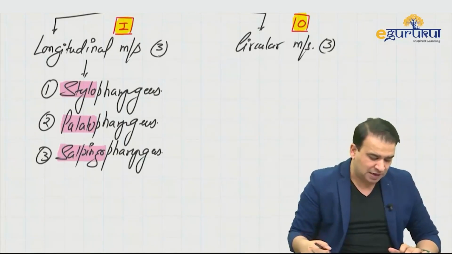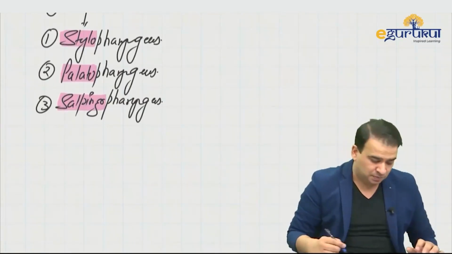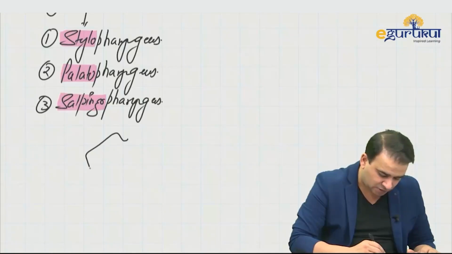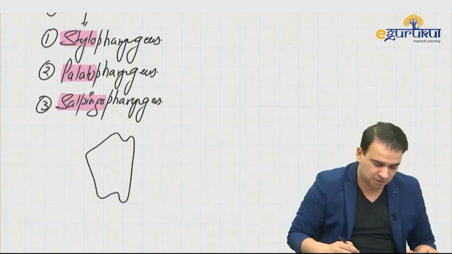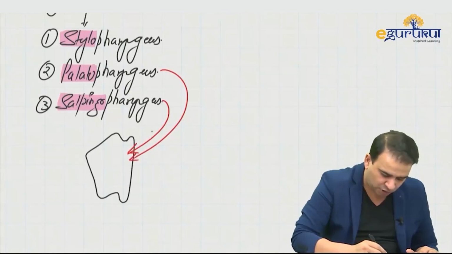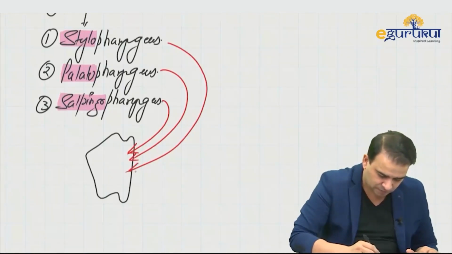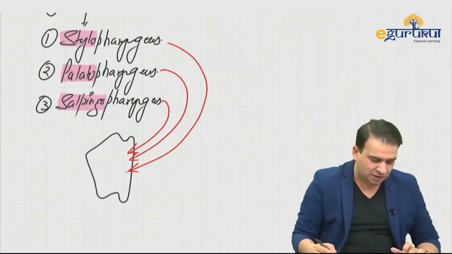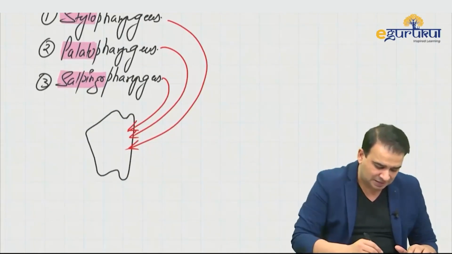The longitudinal muscles of the pharynx are all inserted to the posterior border of the thyroid cartilage. So let us say this here is the thyroid cartilage. All these longitudinal muscles, salpingopharyngeus, stylopharyngeus and palatopharyngeus, will come down and get inserted onto the posterior border of the thyroid cartilage.